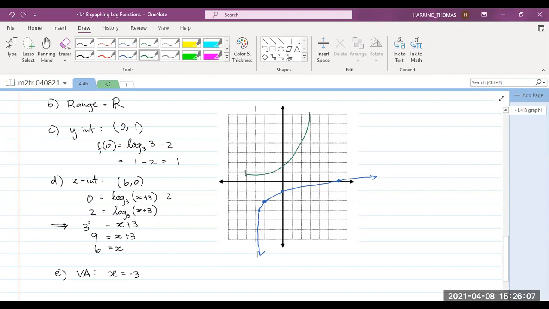If you cut this 3 to the x, it will match. You can play around and it will match with this graph. You need to flip that somewhere, but it will match.